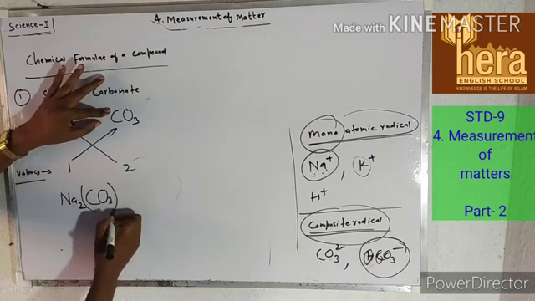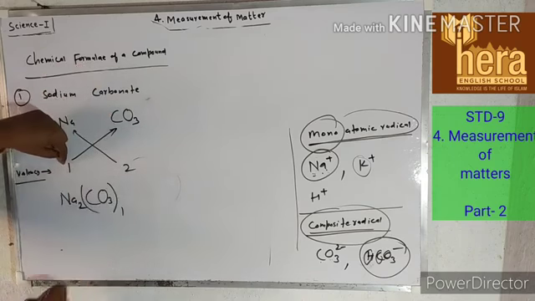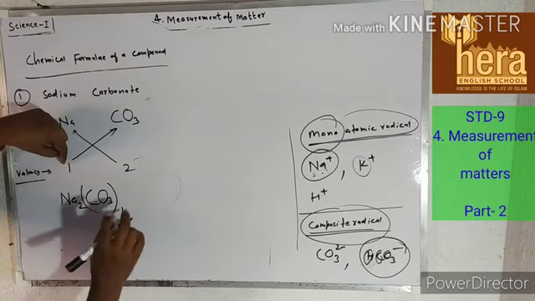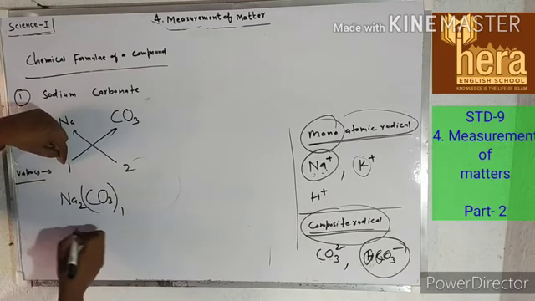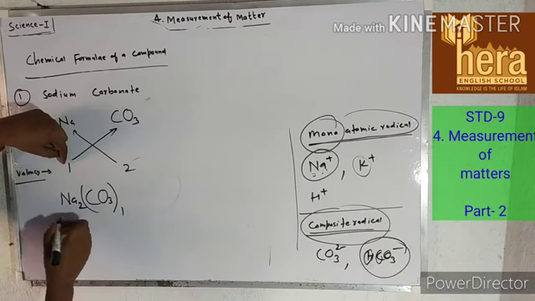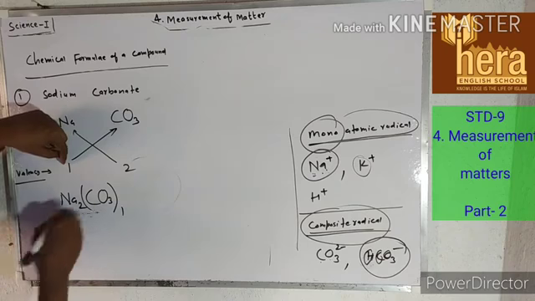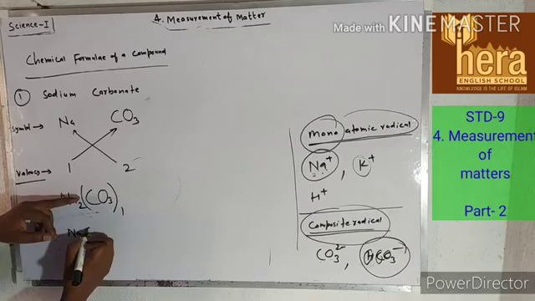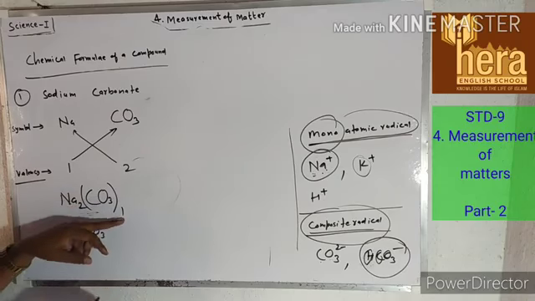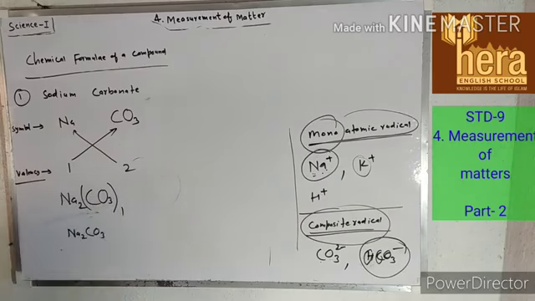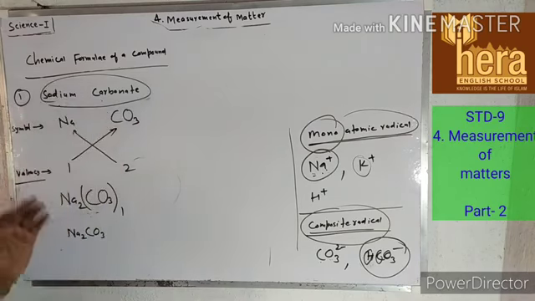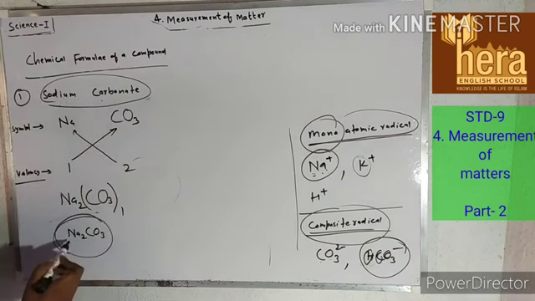CO3, bracket close. Now you write 1, but we don't write 1. So the chemical formula will be Na2CO3. In English you write sodium carbonate like this, but in chemistry language sodium carbonate means Na2CO3.